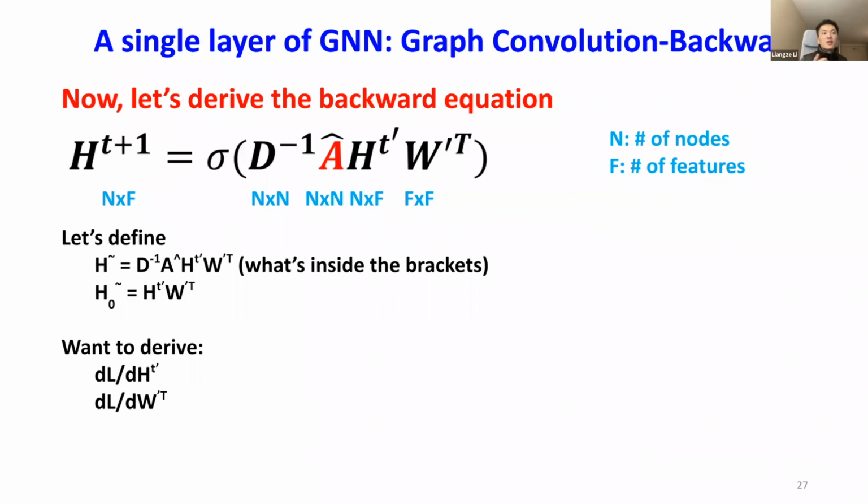That's also defined by the graph, and we don't change that at all. So we're not interested in taking the derivative with respect to these two matrices. We're only interested in taking the derivative of the loss with respect to ht prime and then w prime transpose, right? So we only care about the latter two, and we group them together under the name h0 tilde. And we want to derive these two derivatives.